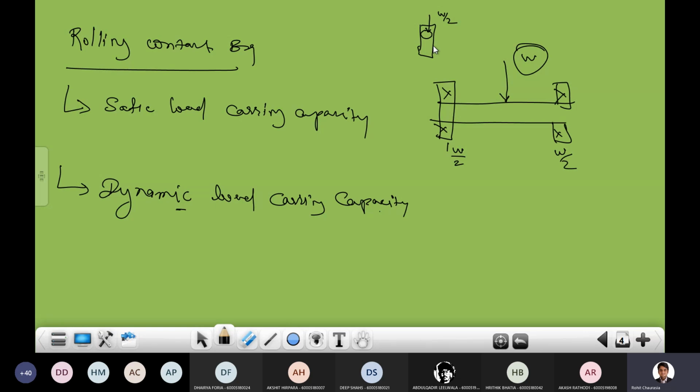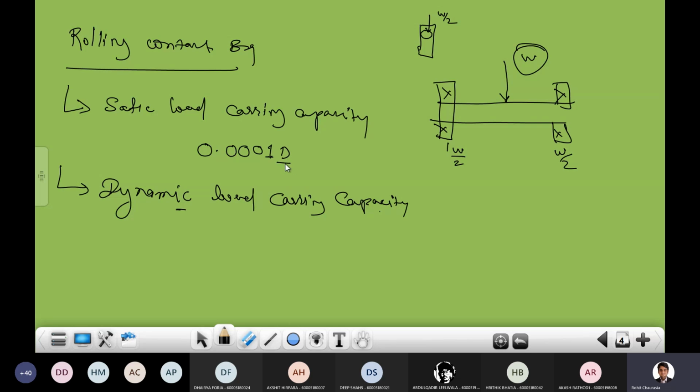If there is any permanent deformation, we need to measure it, and that deformation should not be greater than the acceptable limit, which should be 0.0001 times the diameter of the ball.